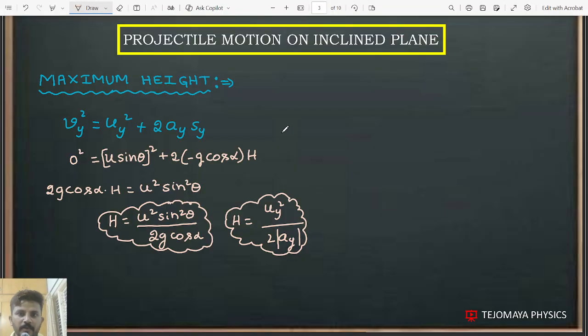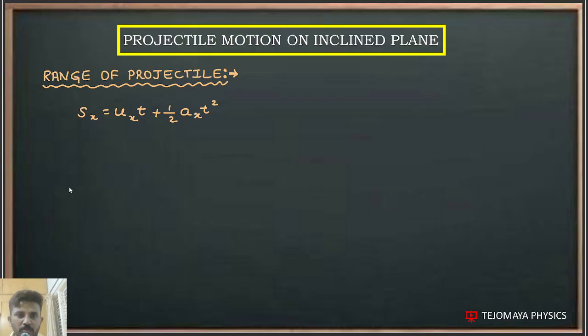Okay. Next, what about the range of the projectile? This will be lengthier. So in JEE or NEET examination, you can directly use the formula instead of the final formula that I'm going to derive here. That is, displacement along x-axis is range. You can write it as R. What is the initial velocity along x-axis?